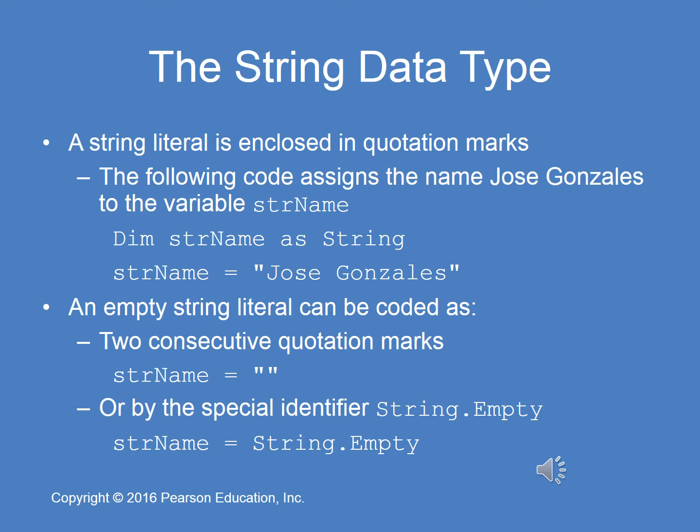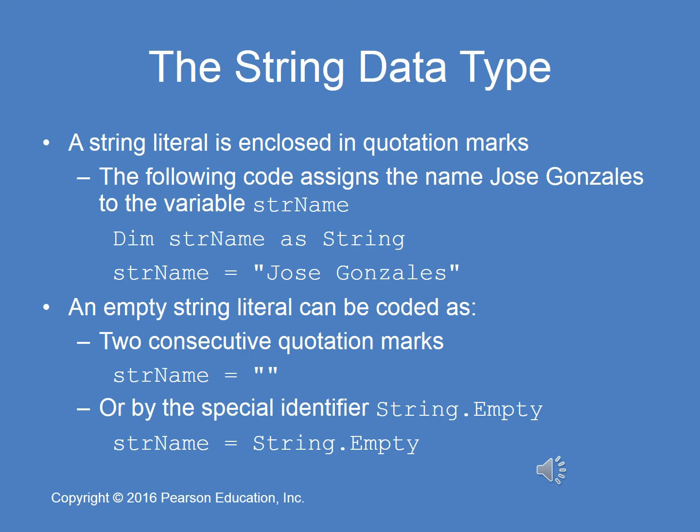So first we declare a string variable, dim str name as string. It uses the naming guideline I gave you earlier, but that is programmer definable. That sets aside the memory location. So we've declared space in memory, but that memory location holds nothing. It's undefined.